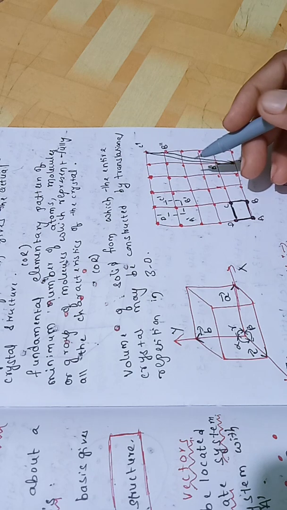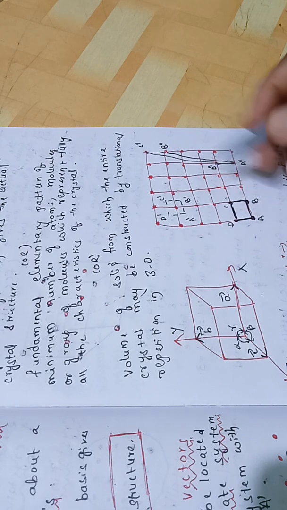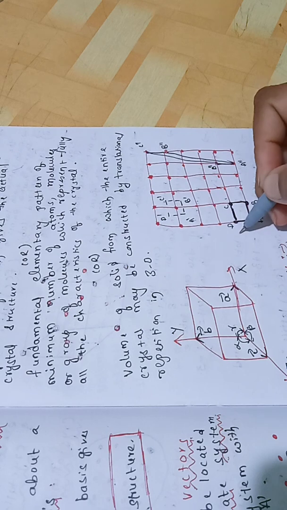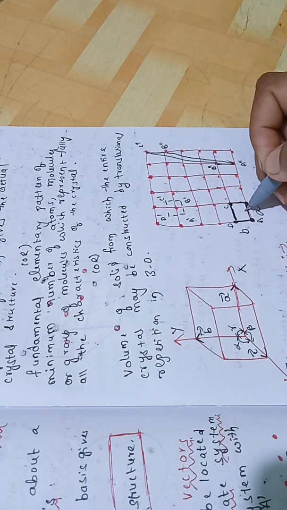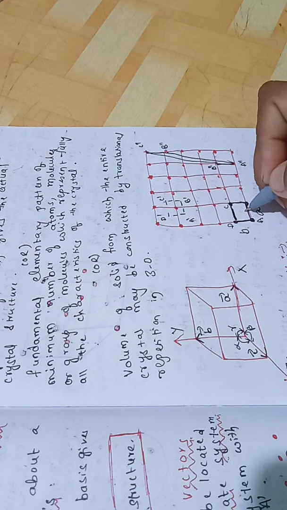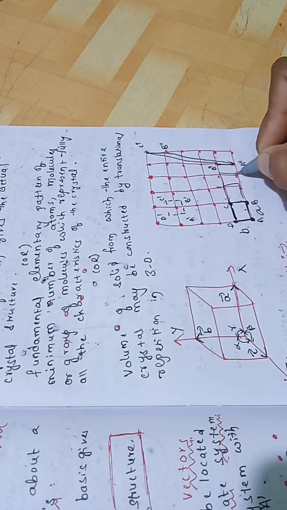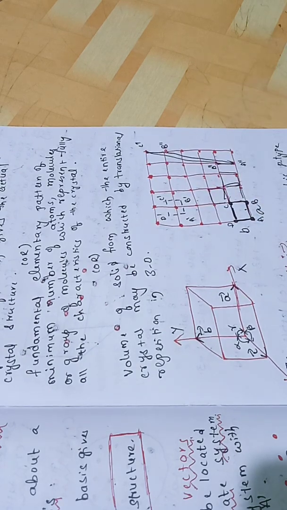If we consider a parallelogram ABCD with side AB equal to A, AD equal to B, then by repeating this parallelogram, next this, next this, next this, the whole crystal lattice may be obtained.